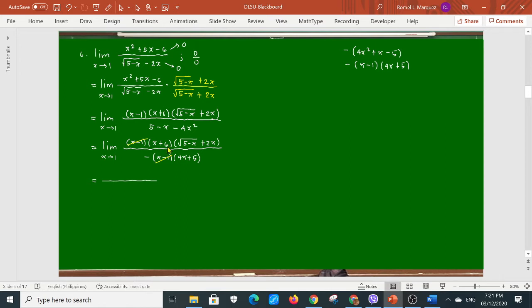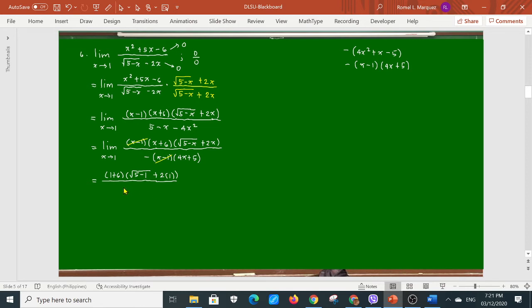x plus 6, so 1 plus 6, the limit of that is 1 plus 6. What's the limit of the second factor? The limit of the radical is 5 minus 1, that is 4, square root of 4 is 2, plus 2 times 1.